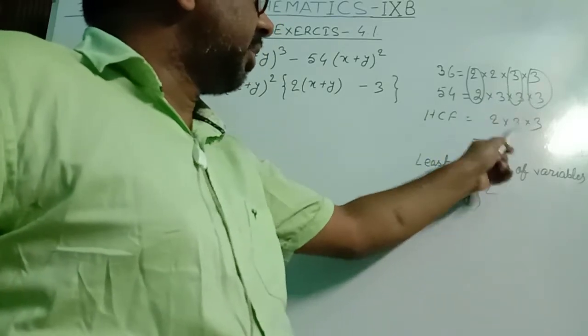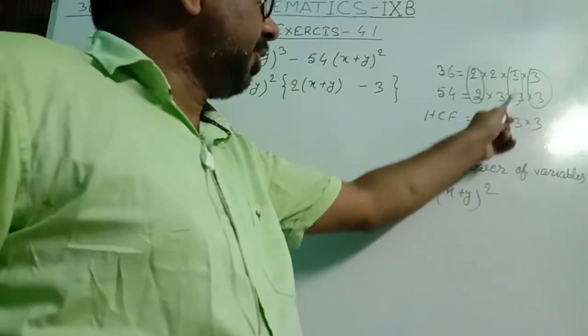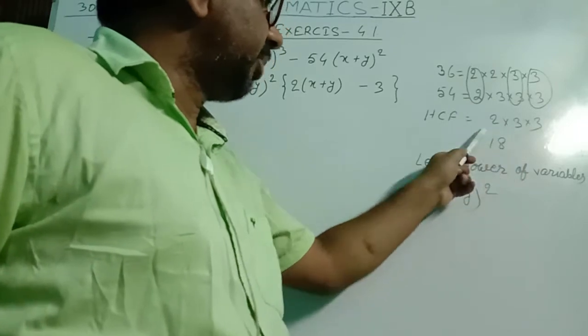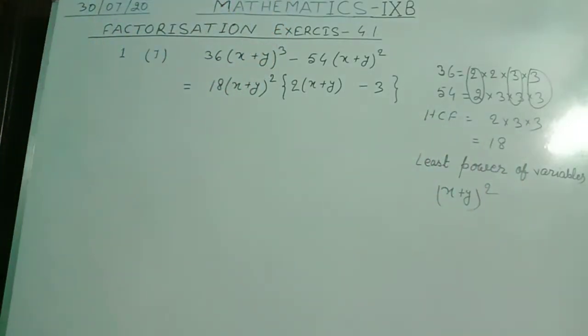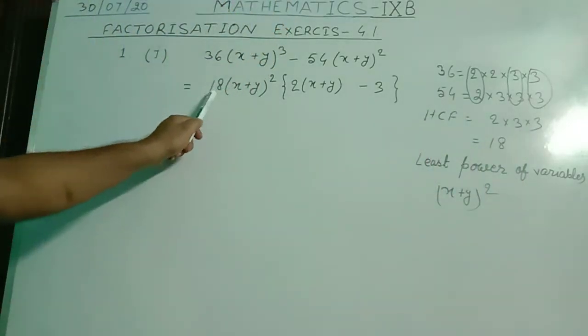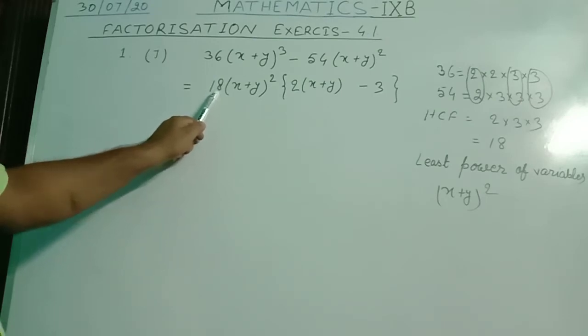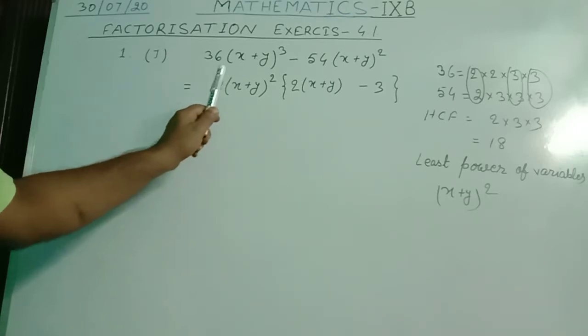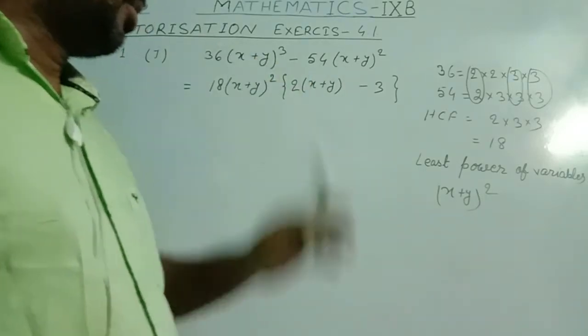So I wrote together 2, 3 and 3, multiplied, and got 18. So 18 will be the common constant term.